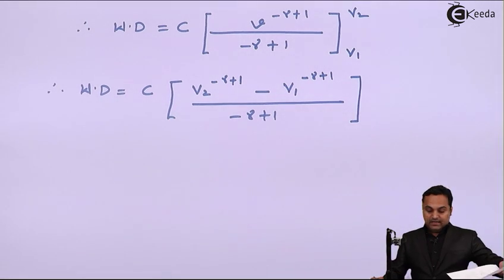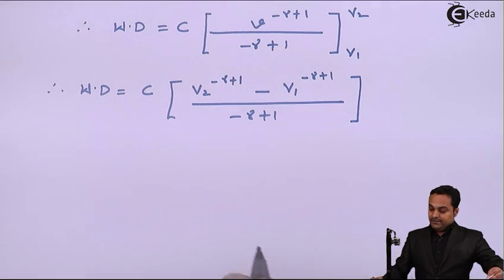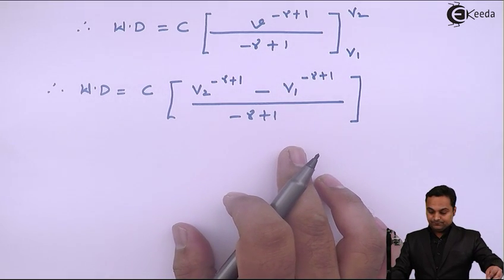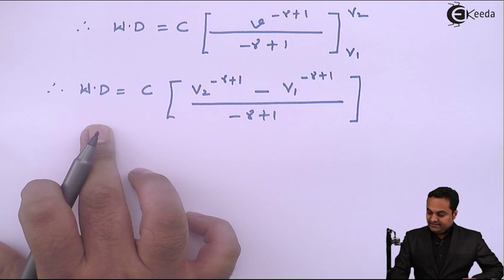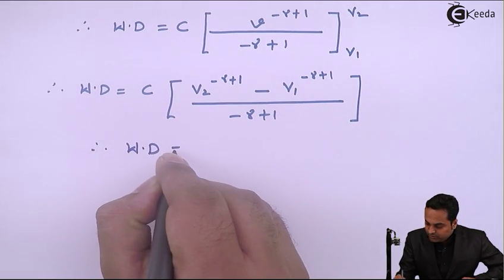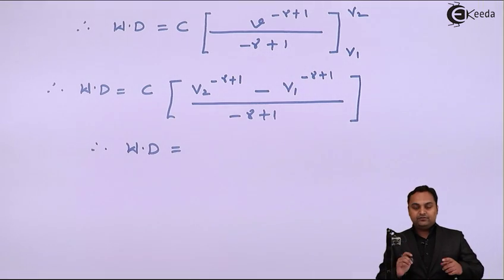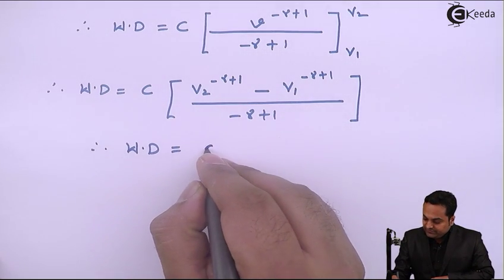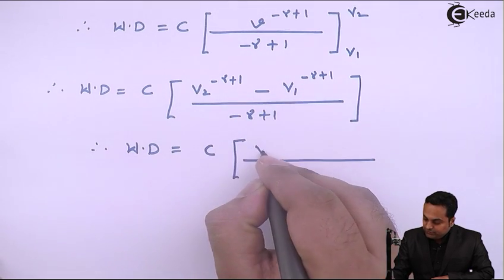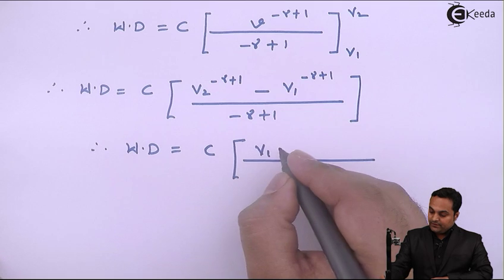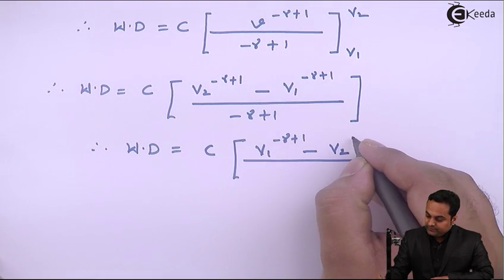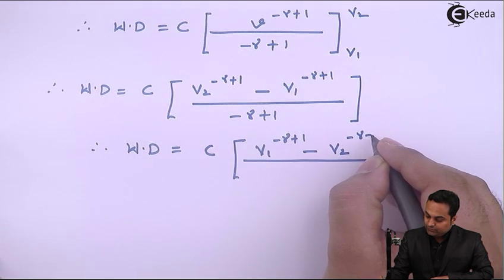Next, after reaching at this step, if I want to change the sign throughout, if I take negative common, that is changing the sign of the numerator and denominator simultaneously. So here I will be having, instead of V2, first there will be V1 raised to minus gamma plus 1, and here minus V2, that is I have changed the sign of the numerator.